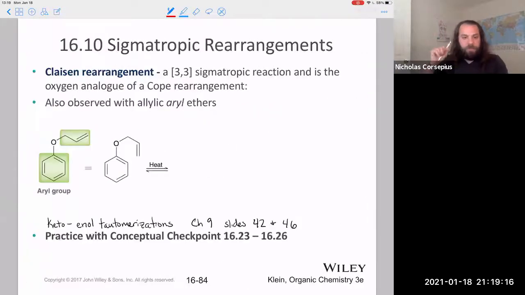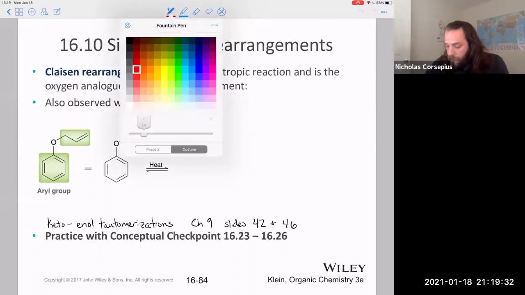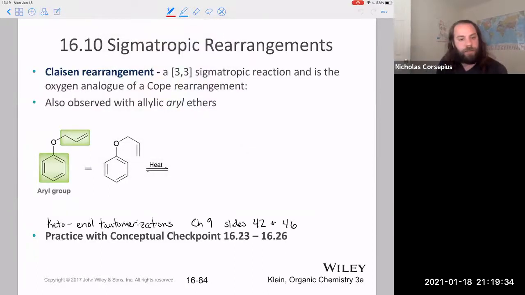One very specific example of a Claisen rearrangement will also occur with an allylic aryl ether. And I wanted to do this one because I think that it's potentially going to be in your Wiley Plus homework. The sigmatropic rearrangement, nothing special goes along here. How do I make sure that I do it correctly?